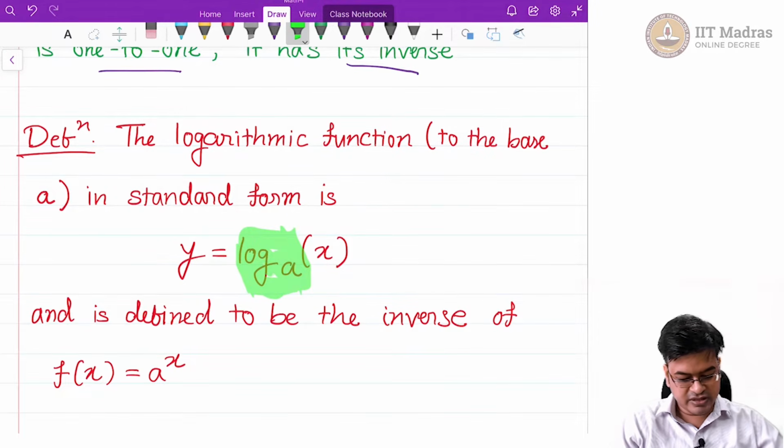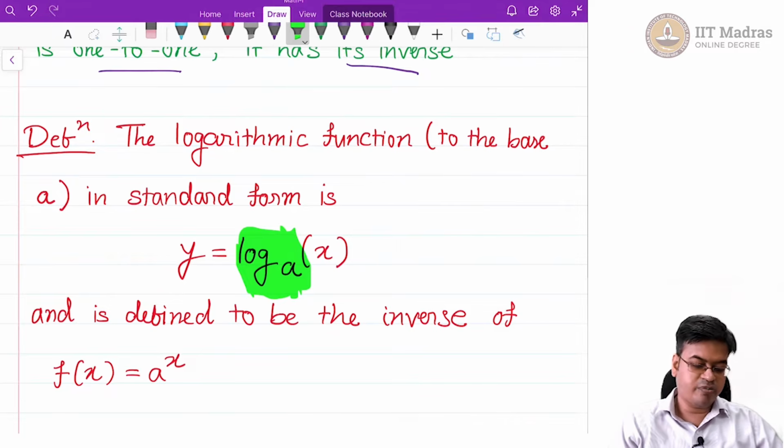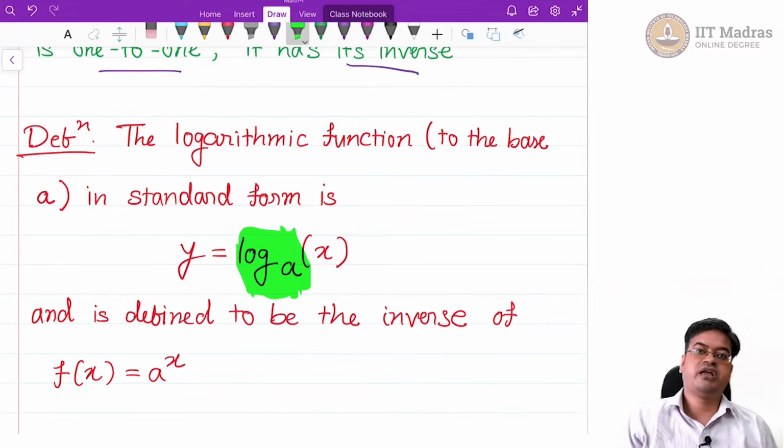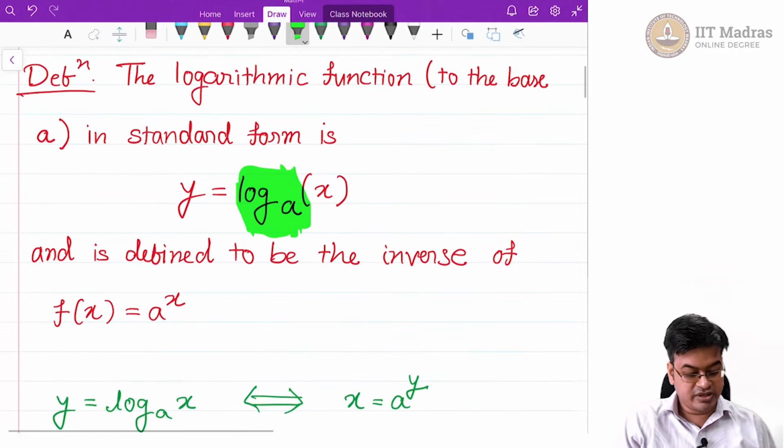So this is replacing f inverse, and then x is the argument, and we are plotting it along y-axis, and it is defined to be the inverse of the function f of x, which is equal to a raised to x. So f inverse of x is actually log to the base a of x. It's this simple. So now we need to understand what will be the domain and codomain or range of this function. That is an important thing that we need to understand.